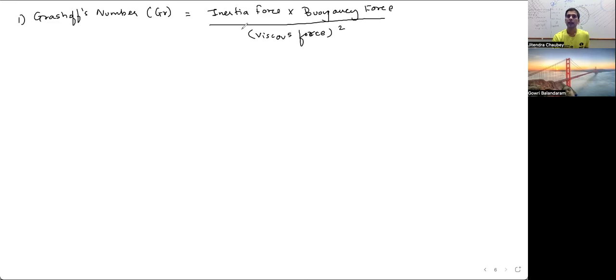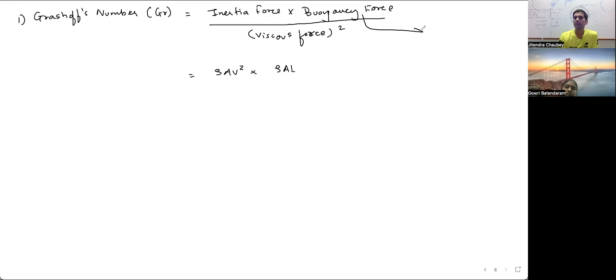The formula of buoyancy force is equal to the weight of the fluid displaced. Like inertia force, we know rho A V square. For buoyancy force, it is the weight of the fluid displaced. Weight is mass into gravity, mass is density into volume, and volume is area into length.